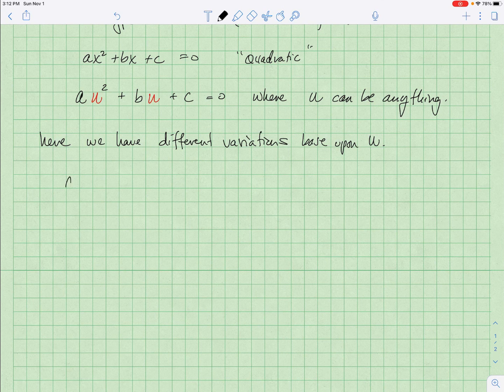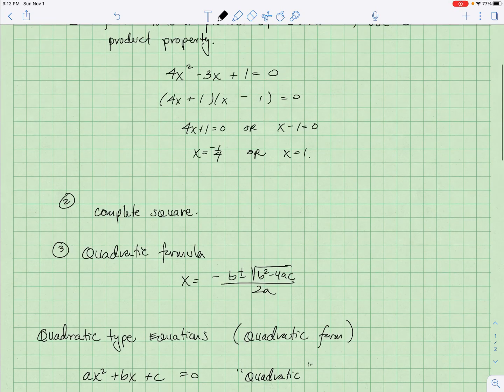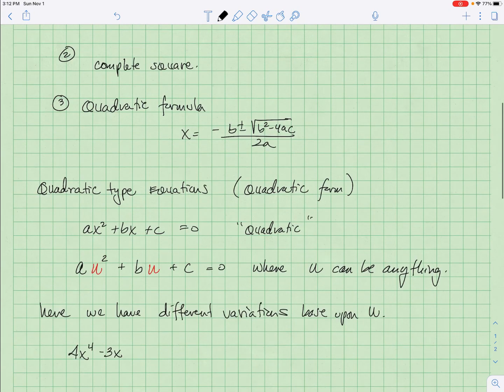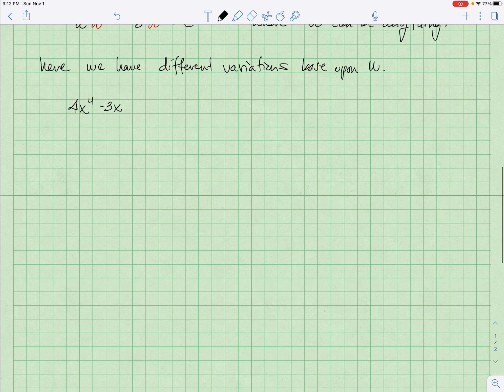So, for example, 4x to the 4th power minus 3x. Whoops, did I have a plus 1 back in that example? This is a minus 1 here. My bad. Shh, that never happened. 4x to the 4th minus 3x squared minus 1 equals 0.